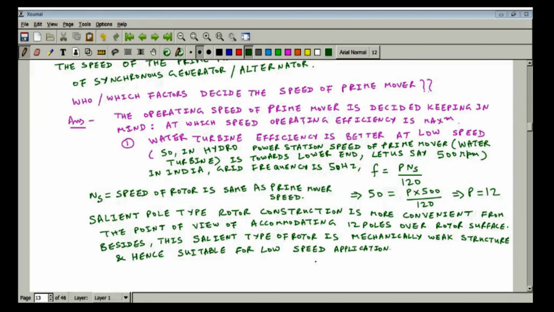So salient pole type rotor construction is more convenient from the point of view of accommodating 12 poles over the rotor surface. Besides this, salient pole type of rotor is mechanically weak structure and hence suitable for low speed application. That means in hydropower station.